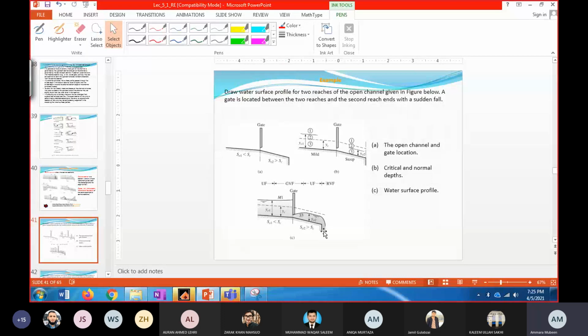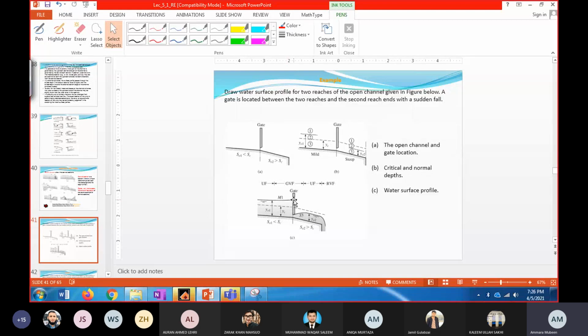The solution is also given below, you can check. Just remember that the control section is downstream, so it would be subcritical flow, and the slope would be mild, and the depth of flow you can sketch like this.